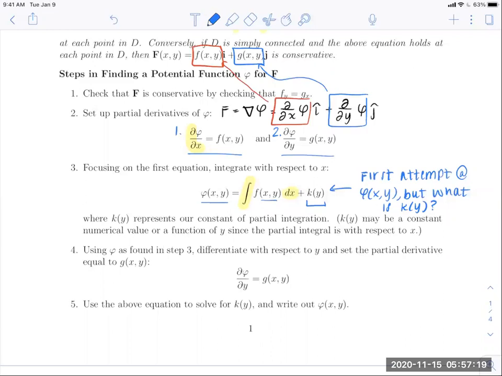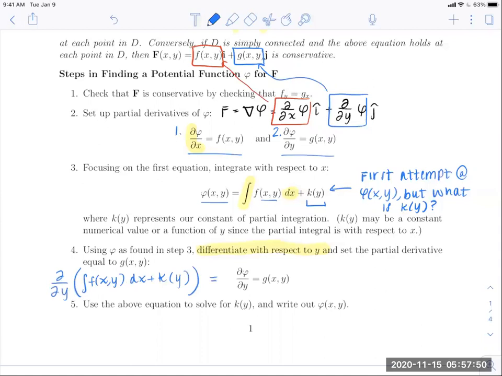So to get to that second equation, I'm going to differentiate with respect to y. So I'm going to take this integral that I just found, whatever it was in that previous step, and I'm going to take its partial with respect to y.